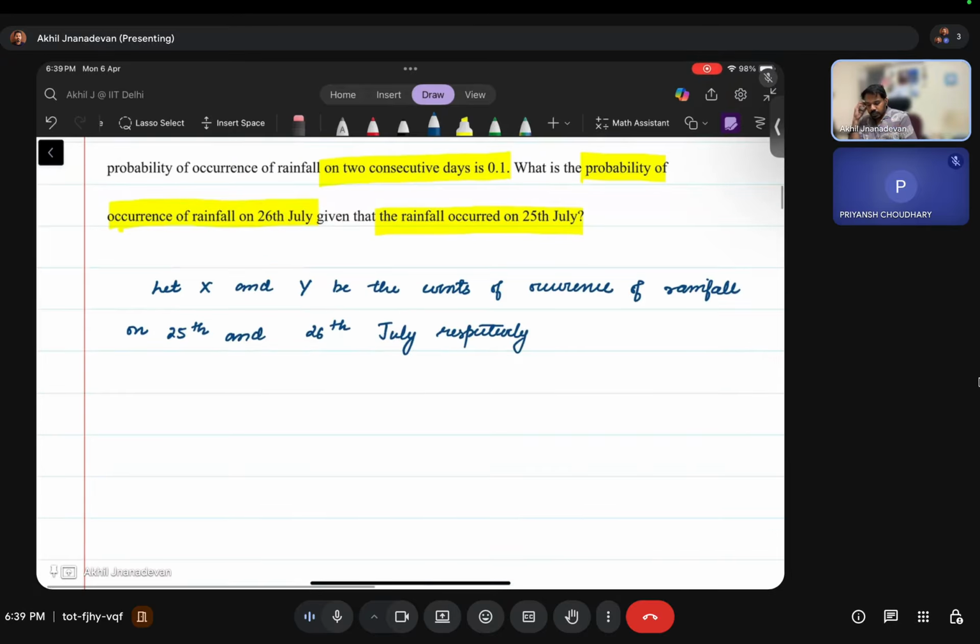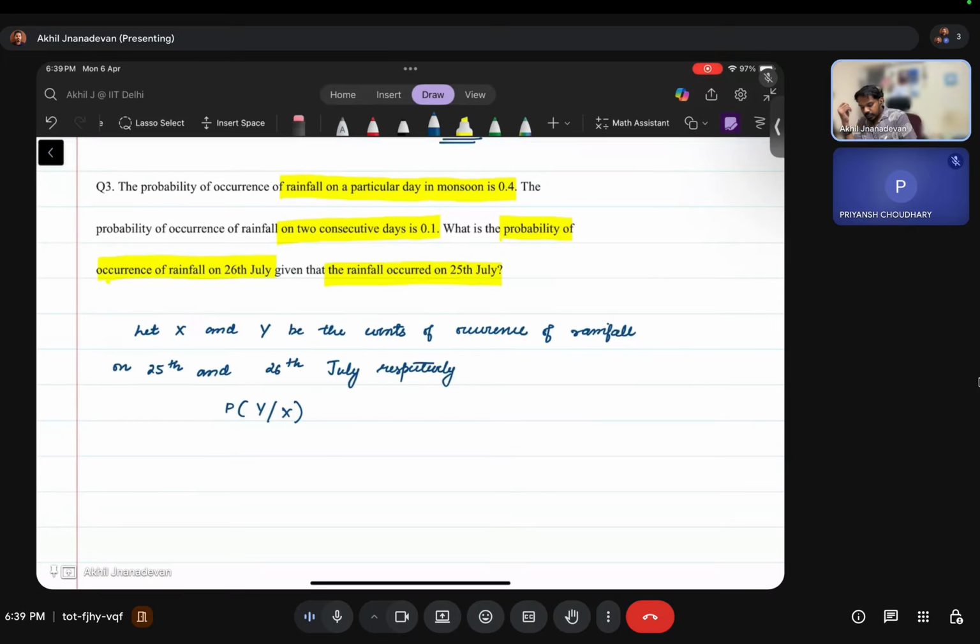What we need to find is the probability of occurrence of rainfall on 26th, that is Y, given X. So this is conditional probability, and we write it with the slash, P of Y given X. The meaning is the probability that 26th is a rainy day, given that 25th is a rainy day.